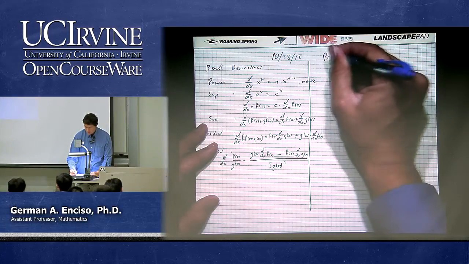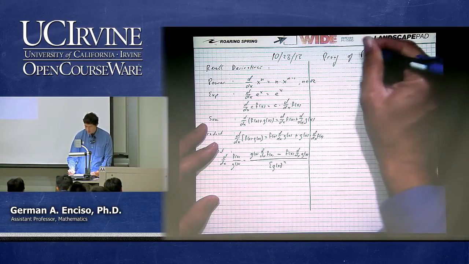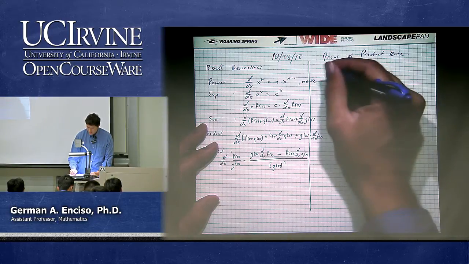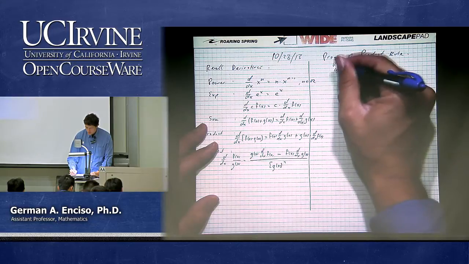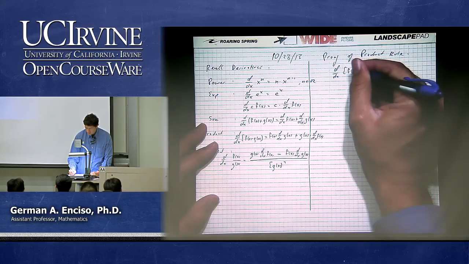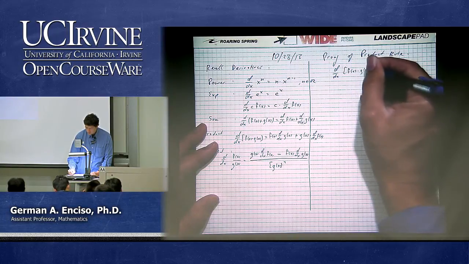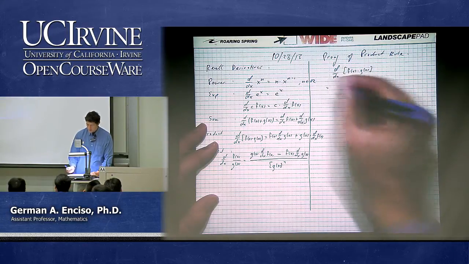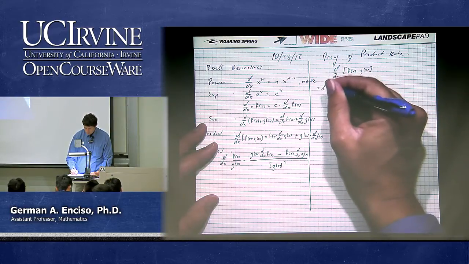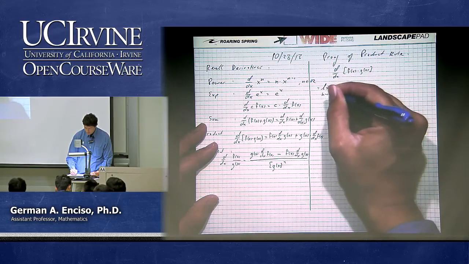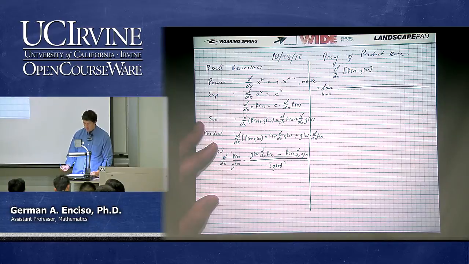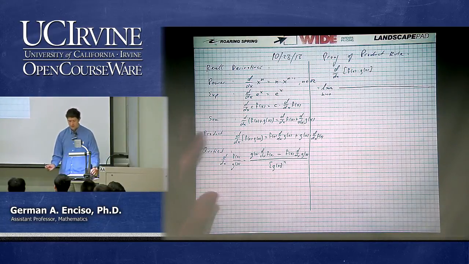So, proof of the product rule. It works as follows. The derivative of the product is equal to, by definition, the limit as h goes to 0 of a quotient.